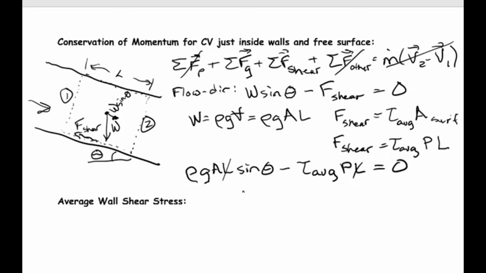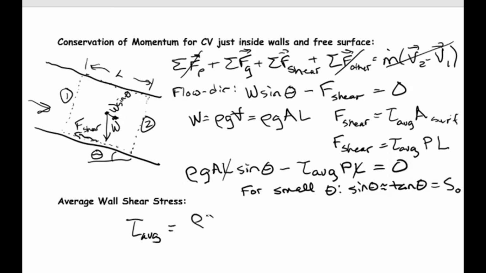Another thing we can do is for small thetas, sine theta is about equal to tan theta, and that is equal to our little S_O we talked about before, so we can plug that in. And so what we're going to get here is, let's solve for tau average, the average wall shear stress. Tau average, if I pull it over here and then divide through, we're going to have rho g A S_O divided by P.